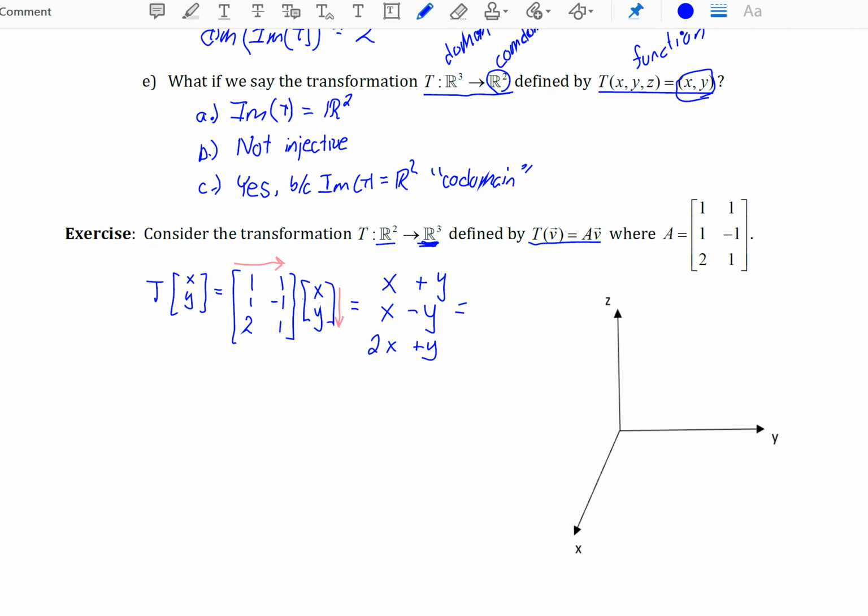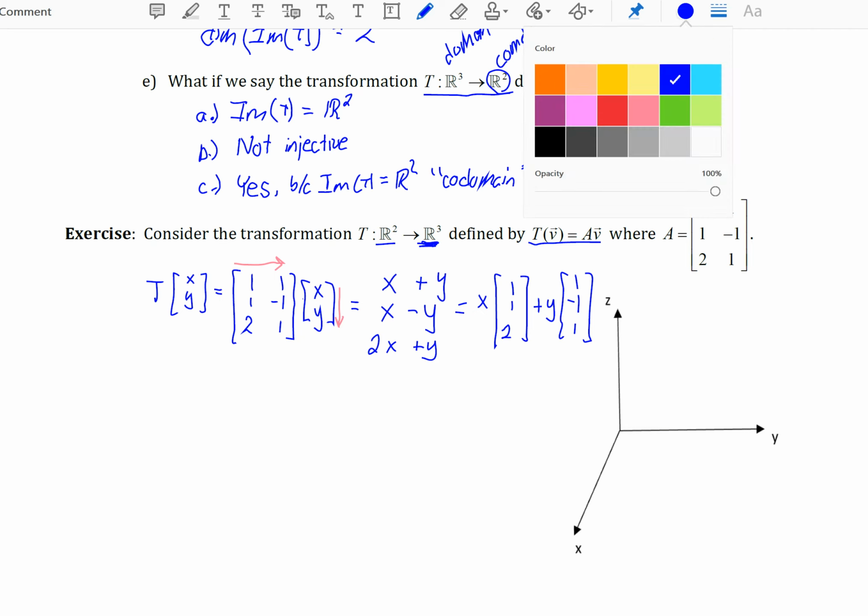The way I'd actually like to write this is as two vectors where each is multiplied by one variable. So I can write this as x times the vector (1, 1, 2) plus y times the vector (1, -1, 1).